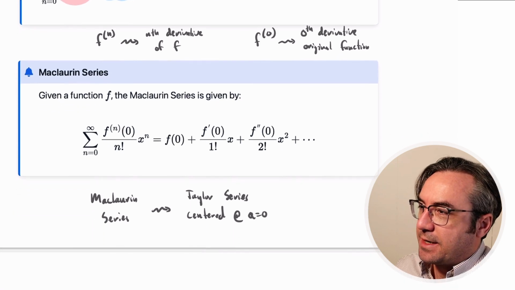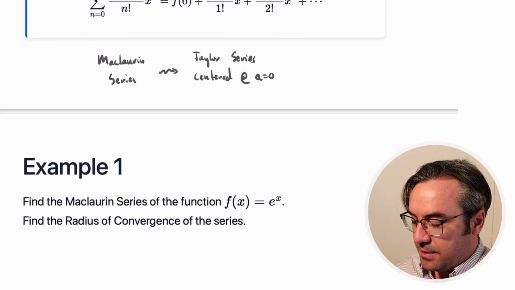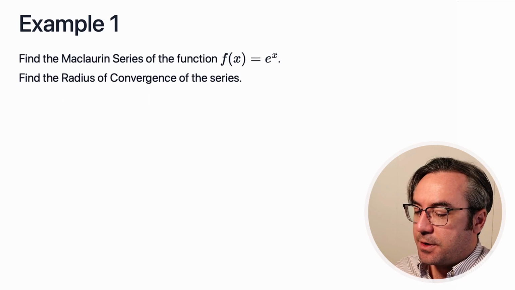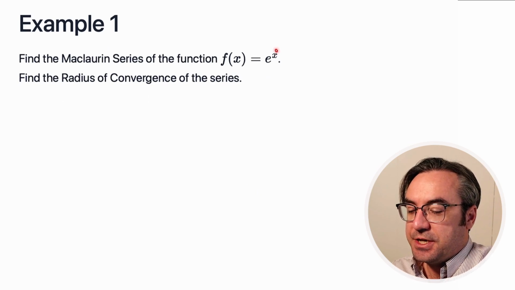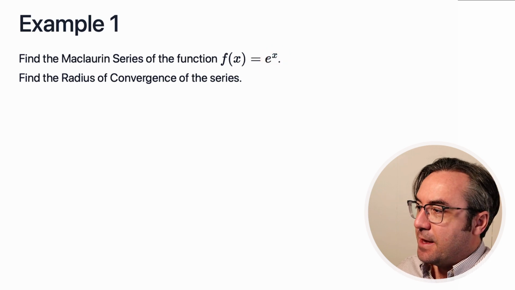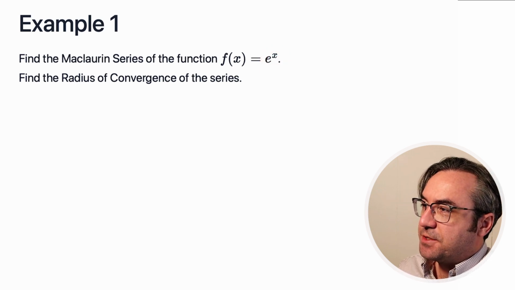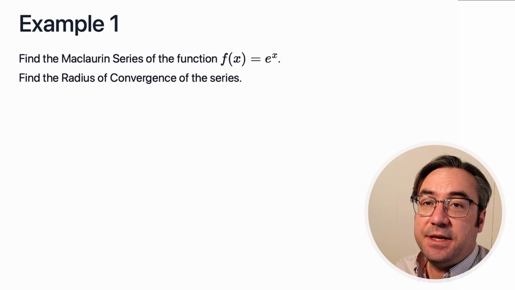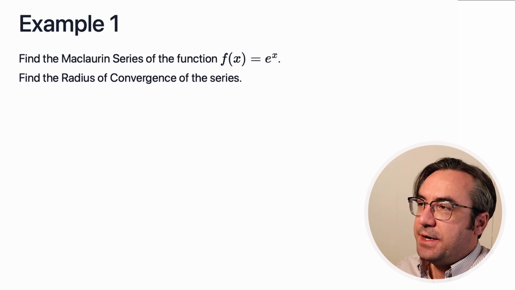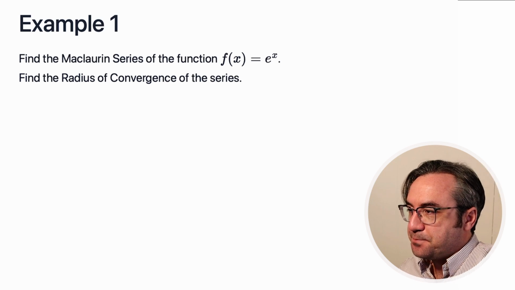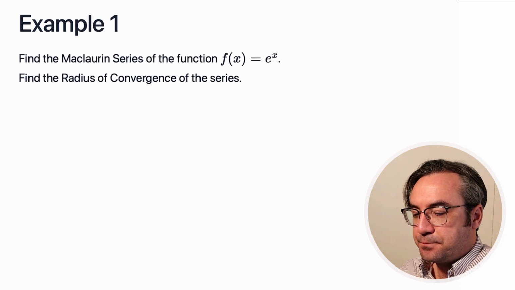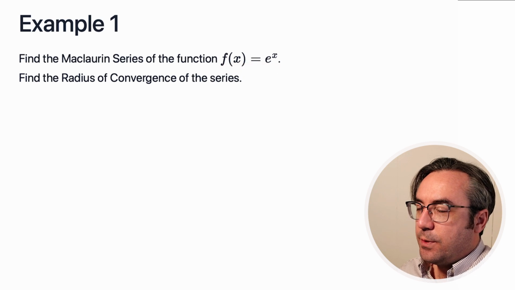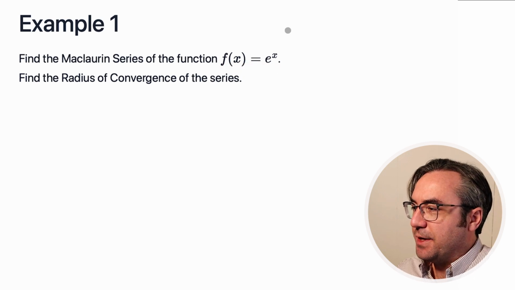So let's get a little practice. Let's try writing out the Maclaurin series for the function e to the x. And then once we have that series written out, we'll find the radius of convergence. All right. So how are we going to do this?